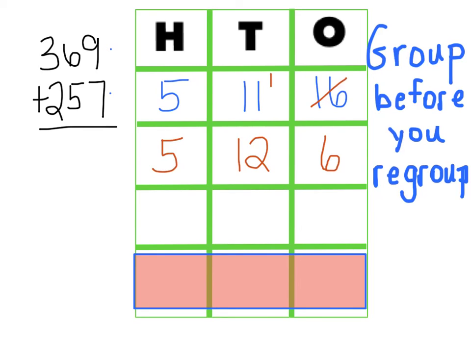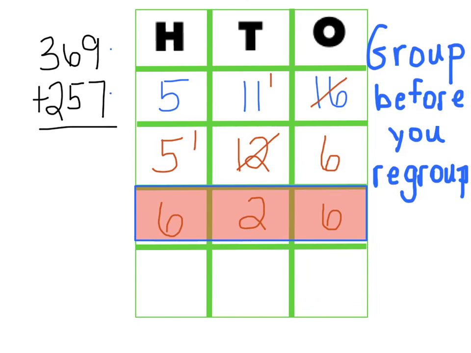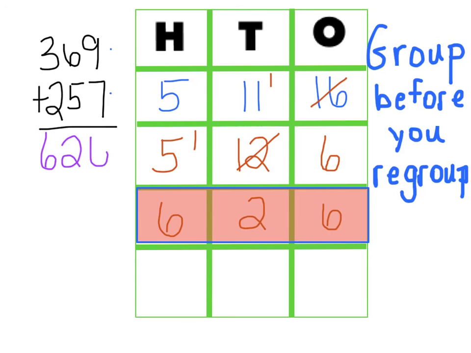We'll again need to regroup those 12 tens. 2 tens, our 6 ones remain, and we group 10 tens into the 100. That allows us to get a sum of 626. So grouping is necessary before we can regroup.